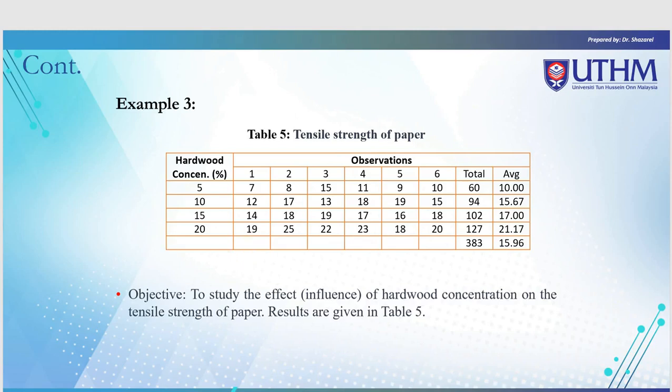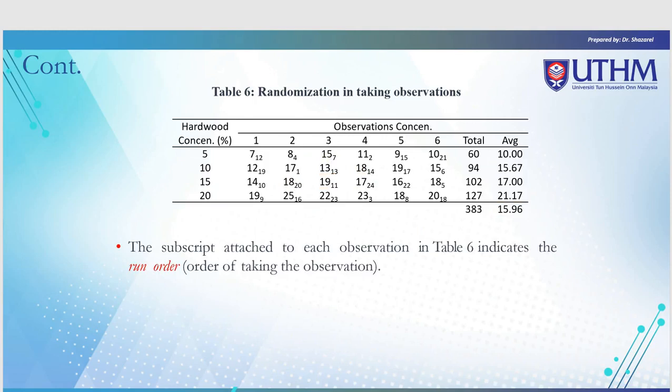For this example, we are not taking the first observation; this is actually the 12th observation. The first one will be here, 17. This is the first observation, which means we start with the 10% first, and then the second observation, this one, 11, which is at 5%.